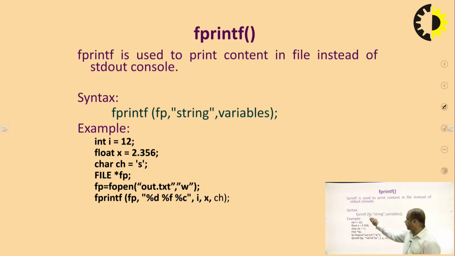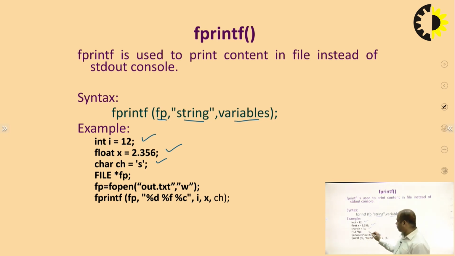First is the file pointer, second is the string whichever we are going to define, and third is the variable we have to use here. So for example, we have defined the first variable, integer type i equal to 12, float x value is 2.356, and third is the character variable ch that defines s.